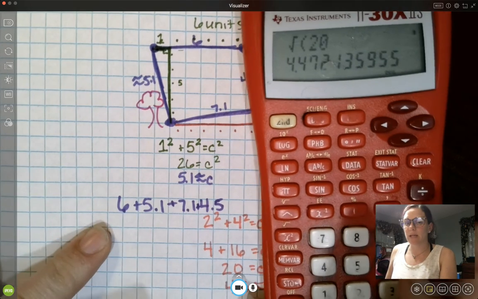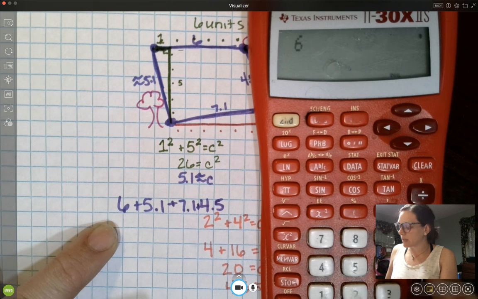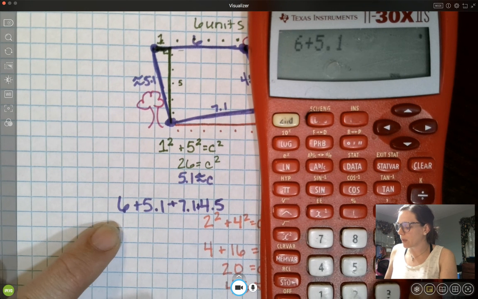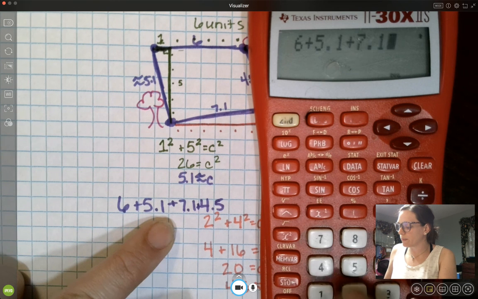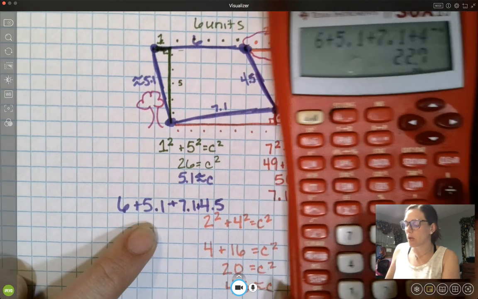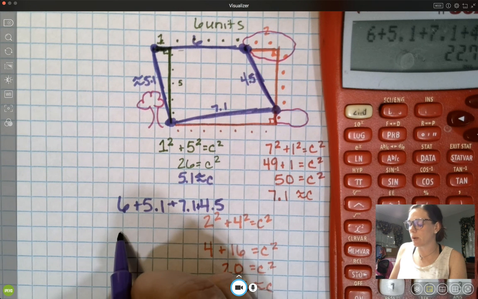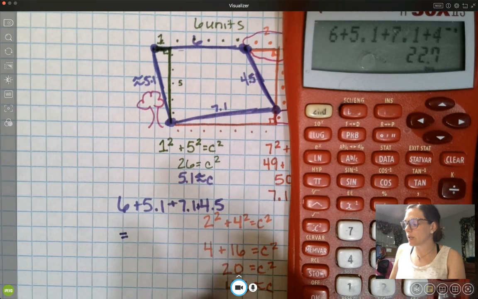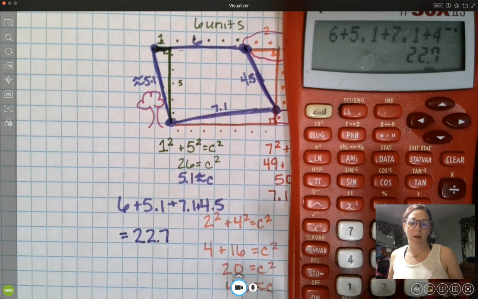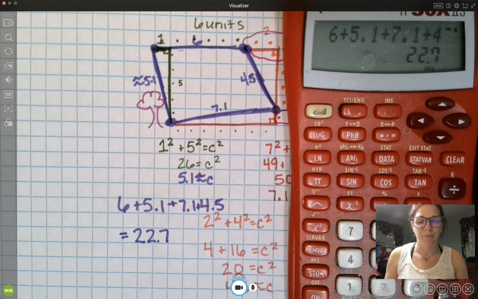That means I'm finding the perimeter. 6 plus 5.1 plus 7.1 plus 4.5 equals. So my total material that I would need is 22.7 units, but I'd probably go to the store and buy 23. Hopefully this helps. Enjoy your assignment.